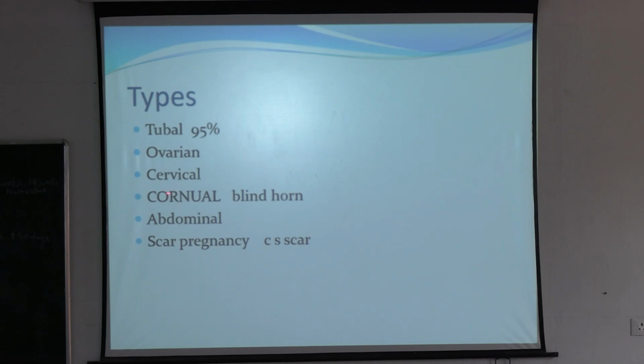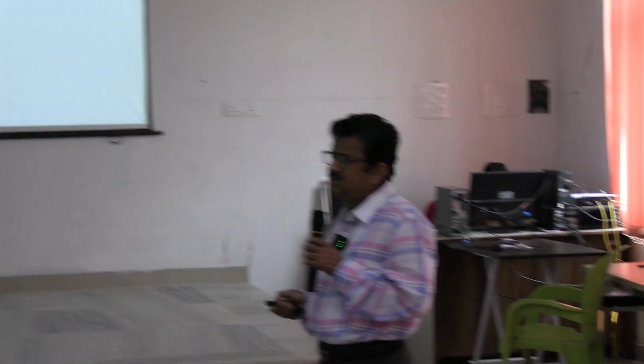Then cornual pregnancy may be there. Cornual does not mean one cornu. The cornu has the interstitial part of the tube, so that will be called interstitial pregnancy. But when it is implanted and grows in the blind horn of a cornu, that is a developmental defect where one cornu does not communicate with the uterine cavity.